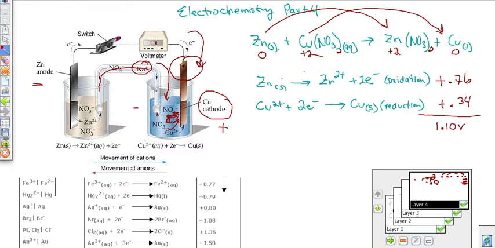So you need to move positives in here in order to keep this neutral. If you don't keep this neutral, it's going to create a potential which will actually stop this from occurring, and you want the electrons to continue moving freely through here. So you've got to have a salt bridge to essentially neutralize the solution, and cations go to cathode, so those kind of match. The anions go to anode, and those kind of match.